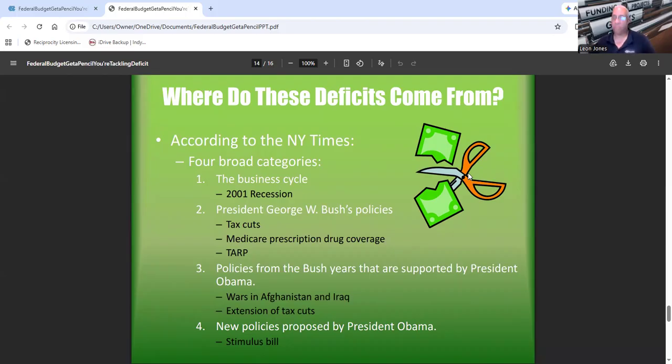You just never received that money. But see, the Democrats will call it a cut. Now, when you have TARP and Medicare prescription drug coverage, that's spending. Then you have wars. That's where you get your deficit. And then tax cuts. No, a tax cut is not.